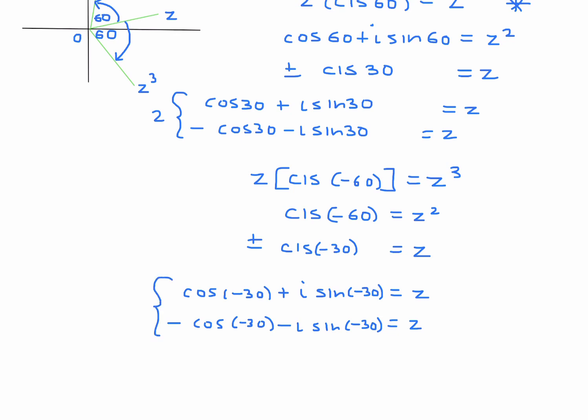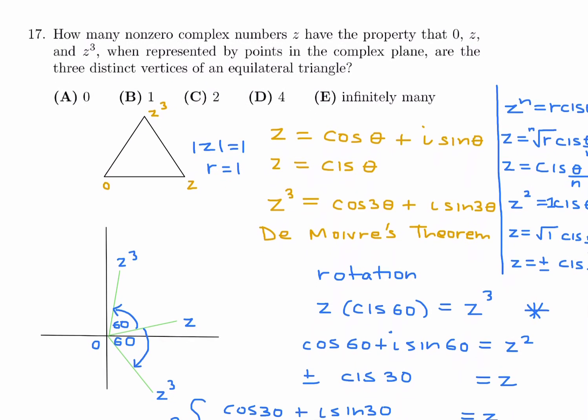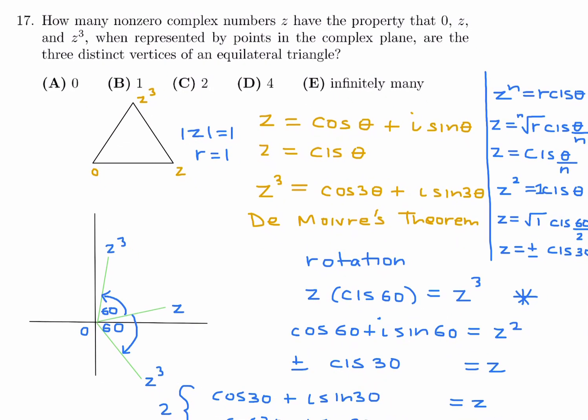And there we go, we got another 2. And these are distinct. You can figure them out using your brain or your calculator to see that they are indeed 4 distinct solutions. So the answer is 4 to this question, and therefore number 17, that would be D.